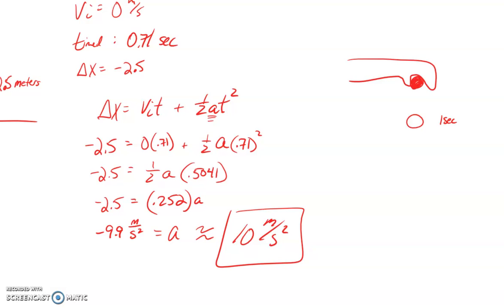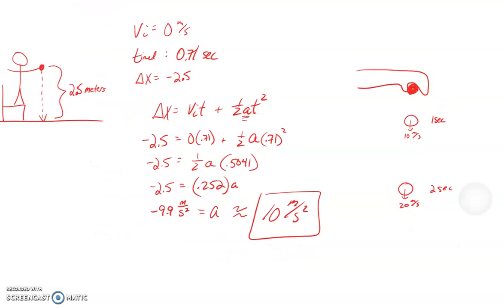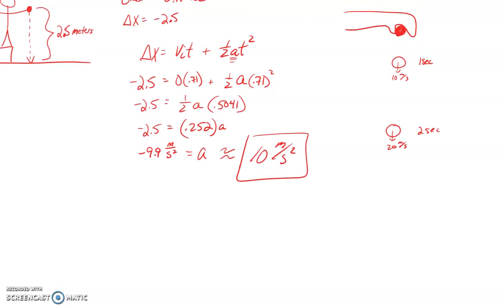At this point, it's falling downward at 10 meters per second. 1 second later, so we draw this interval bigger, it's now falling at 20 meters per second. You kind of get the pattern here, but 1 second after that, it's now falling at 30 meters per second, and so on and so forth.